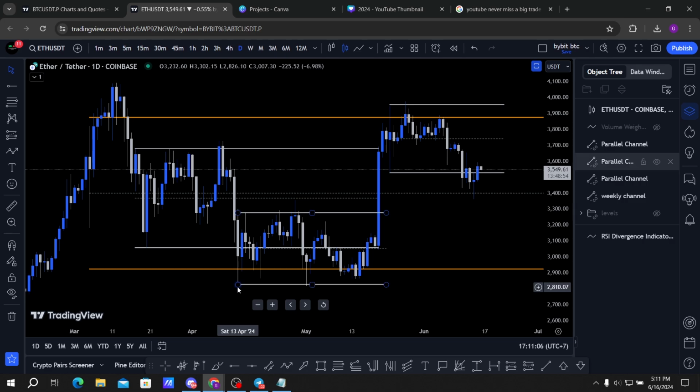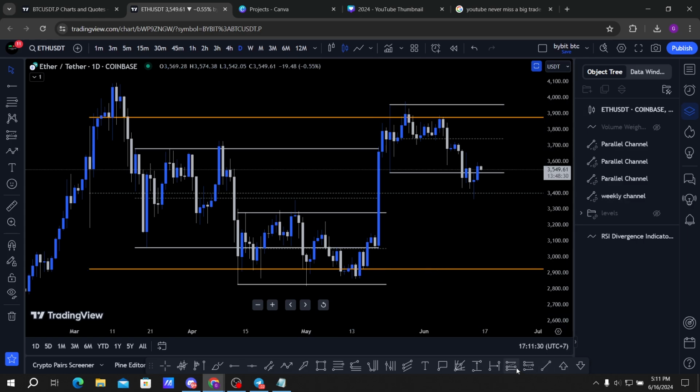Here down, you see we had a swing failure pattern from the low of the wick here. So we could make an entry here, but you can also make a conservative entry on the parallel channel itself, when the price actually came back in here and then found support on it.